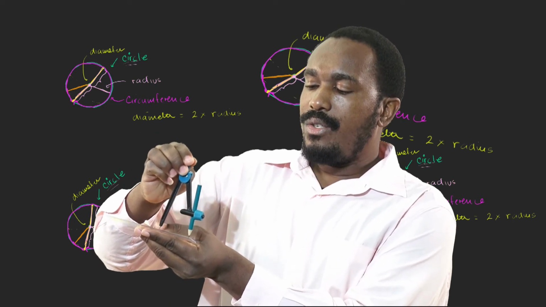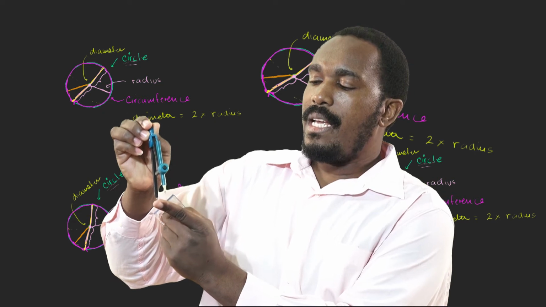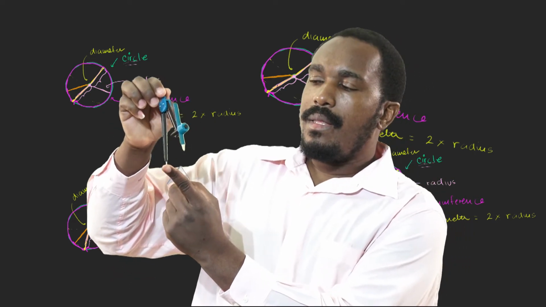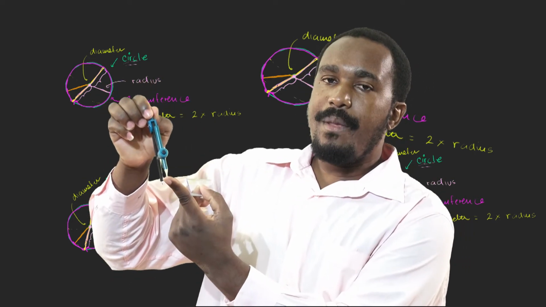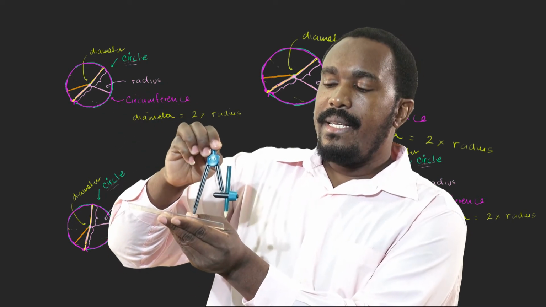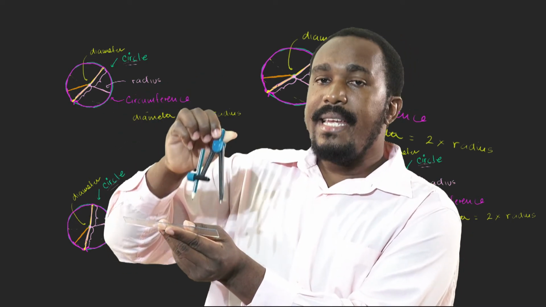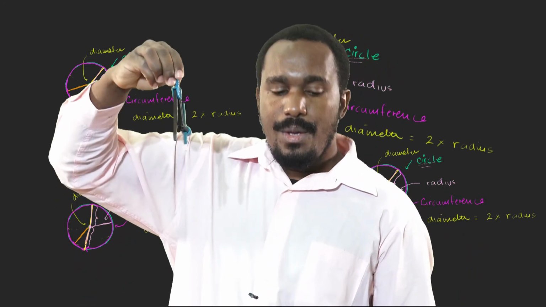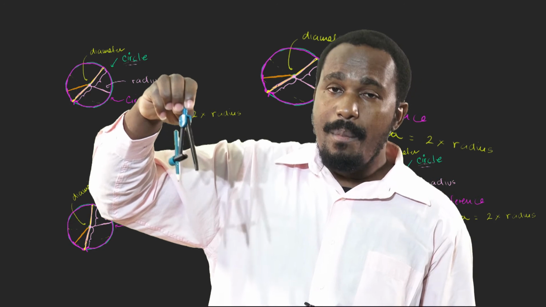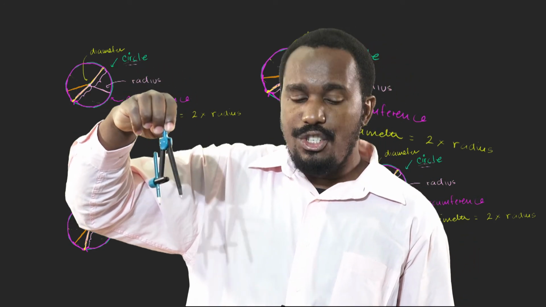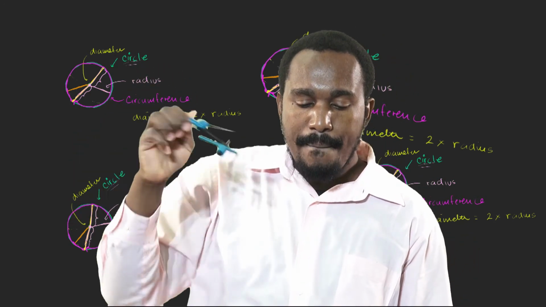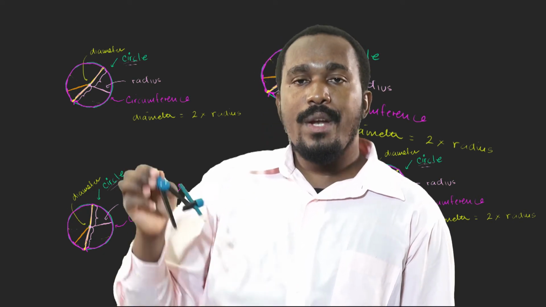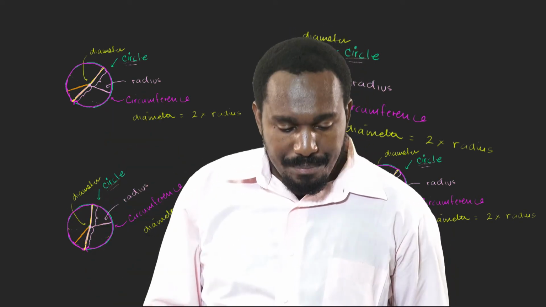Just set it on 5, yes, like this. So this is your 5. So from the tip of the pair of compasses to the tip of the pencil, it is the radius, and it is 5. So when you put it on the paper, you follow the same procedure as you did when constructing the radius.